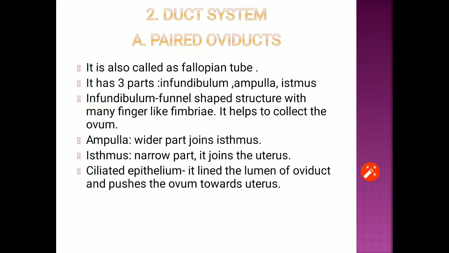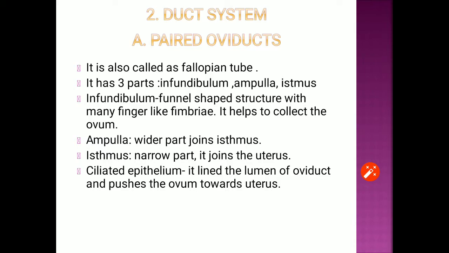Now the paired oviducts. It is also called as fallopian tube. It has three parts: infundibulum, ampulla and isthmus. Infundibulum is funnel-shaped structure with many finger-like fimbriae.